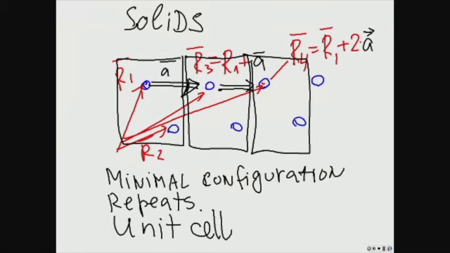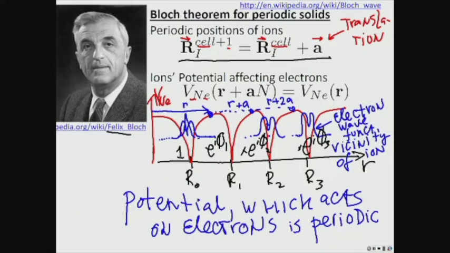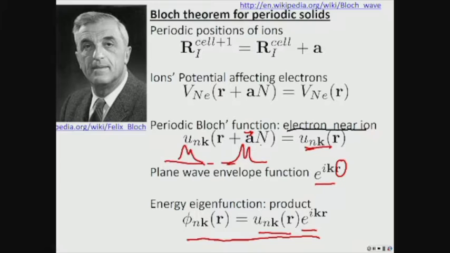Good. So, a repeating periodic cell. There was a universal scientist who contributed to the description of solids and nuclear magnetic resonance at the same time. When he was dealing with solids, he derived that a wave function found in a periodic potential will have a specific shape.